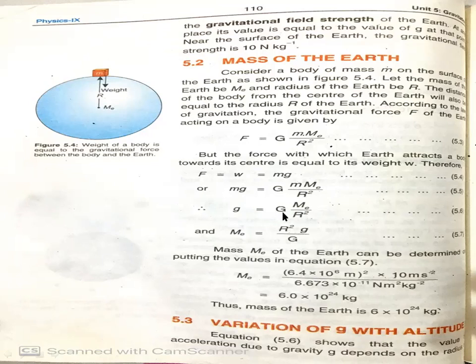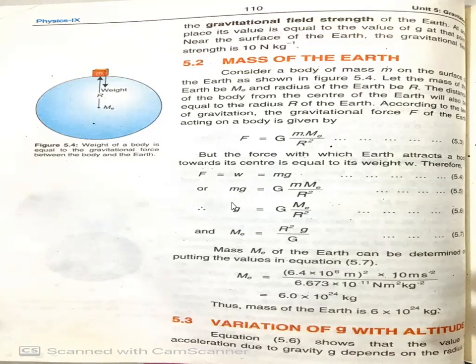We have already studied that capital G is the universal gravitational constant, and its value is 6.673 into 10 raised to the power minus 11.